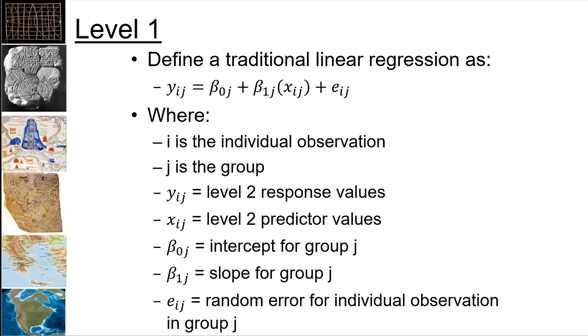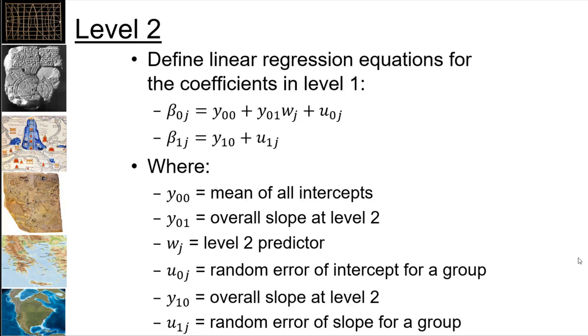And if you look down below, you'll see beta 0 sub j is the intercept for group J, beta 1 sub j is the slope for group J, and then e sub ij is a random error for individual observations, but again, in each group. Okay, so at level 2, then we're going to have equations that for any given j provide us with those coefficients.